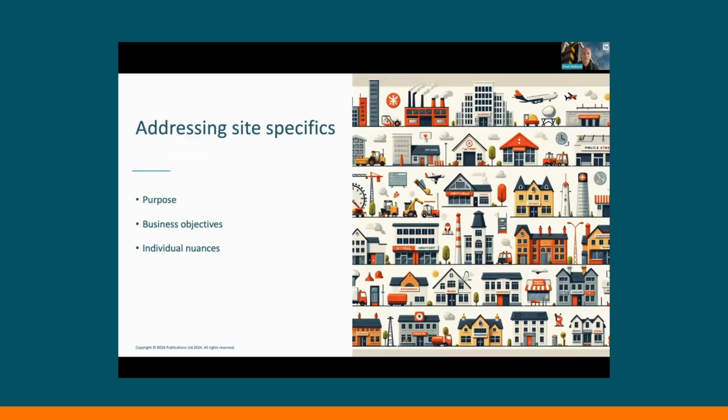We've also got the challenge of where your assets are in play. Actually, what happens on individual sites can be very different in terms of the criticality of that asset and actually what it's used for. What's its purpose? How does it fit in with those business objectives? Now, you might have heard us use the examples before. If you're in a school in winter and the boilers fail, the heating's not working, we have to send the children home.